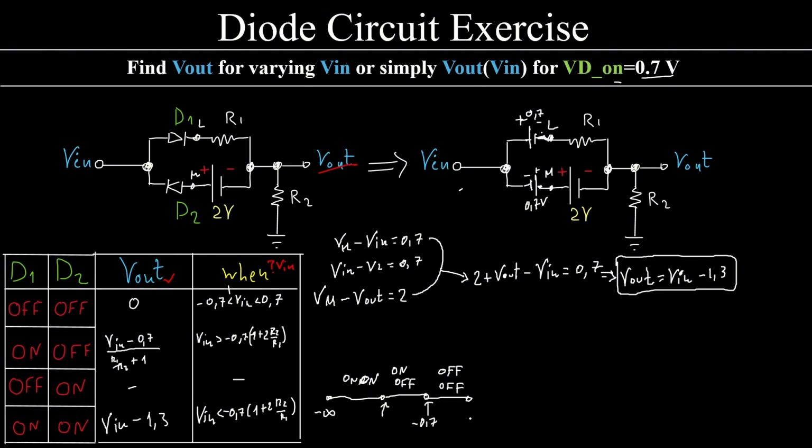This will hold true up until plus 0.7 here. From where onwards, again, one of the diodes will become D1 on and D2 off. And from that point to infinity, this will hold true.